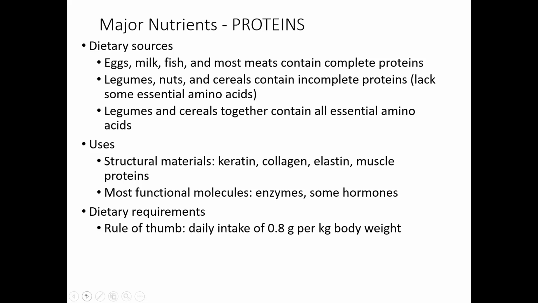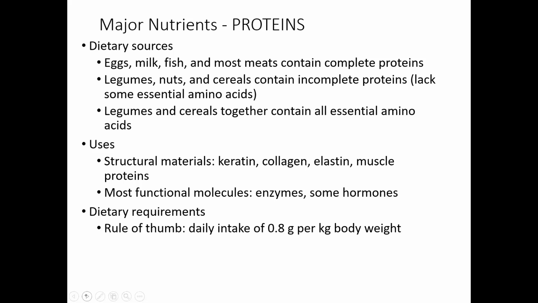Every different plant protein contains some, but not all 20 amino acids. You can get all 20 amino acids if you combine the plant proteins together. Whereas if you eat beef or a piece of chicken or fish or a dairy product, because they're all animal sourced, you're going to get all 20 amino acids in whatever protein you're consuming.